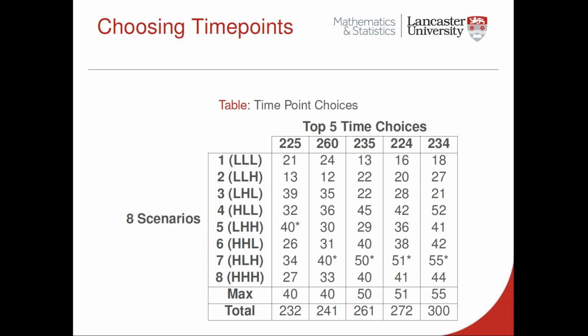Notice that there is a tie, so time point choice 260, for example, also gives me a maximum rank of 40, but because the total rank, or if you want the average rank of 225 is better, we opt to go with 225 as our optimal choice of time points.